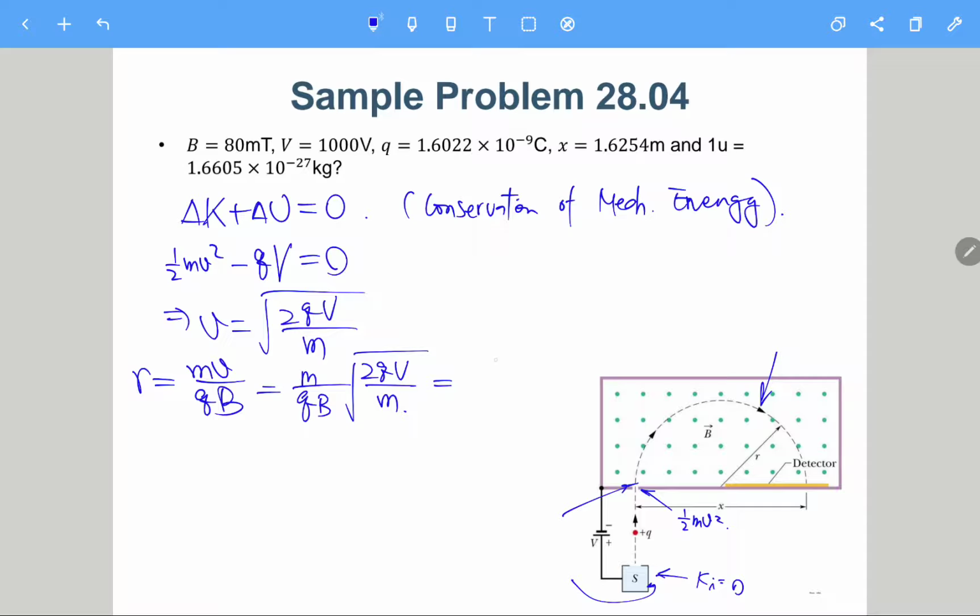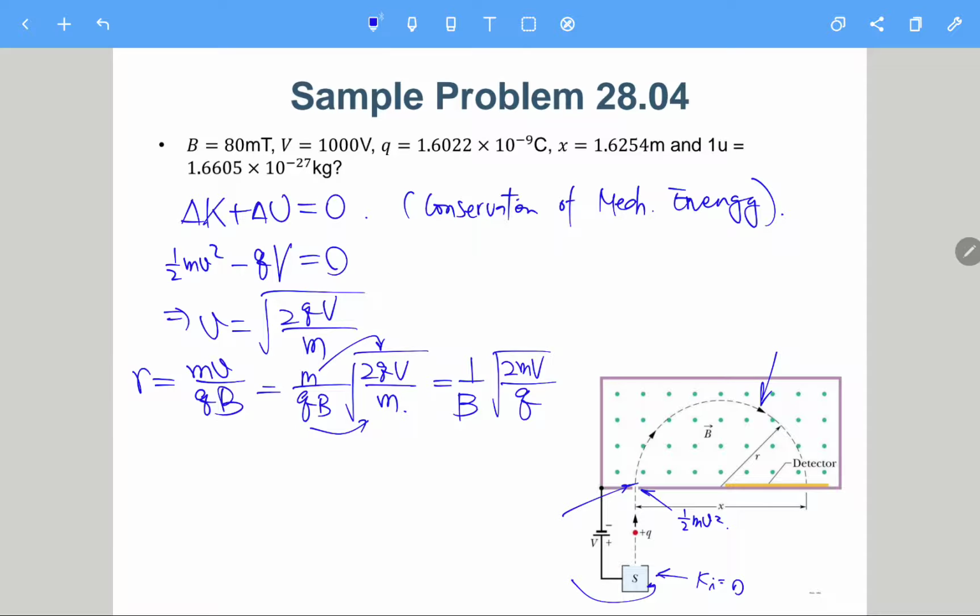We have the square root of 2mV over q, and then 1 over B, which means we can multiply m inside so that it becomes the square root of m squared and cancels with one of the m. And q becomes the square root of q squared and cancels one of the q, so that finally it looks like this.